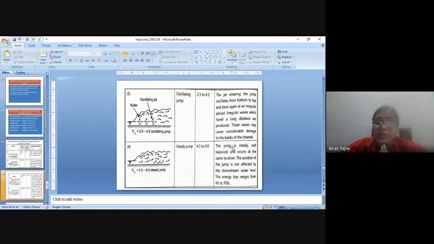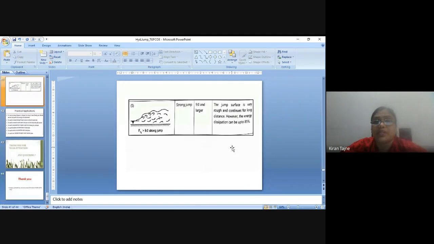Then the steady jump ranges from 4.5 to 9 Froude number, and it is well balanced and occurs at the same location, and the position of the jump is not affected by the downstream water level. The energy loss ranges from 45 to 70%.